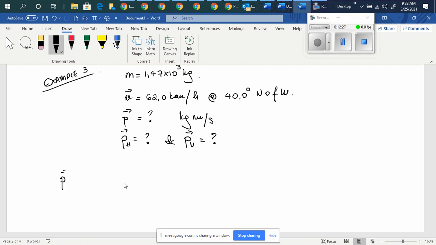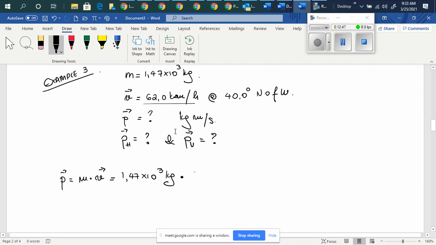So momentum is again mass times the velocity, which means that in our case will be 1.47 times 10 to the power of 3 kilograms times the velocity, whose units are kilometers per hour. So since the units that the momentum is required to be in are based on meters per second, the very first thing that we have to do is convert the 62 kilometers per hour into meters per second.